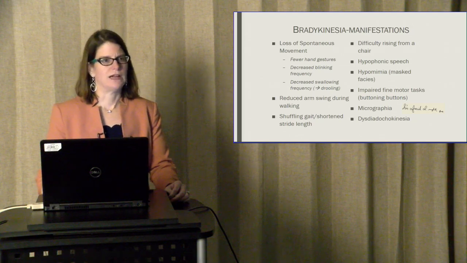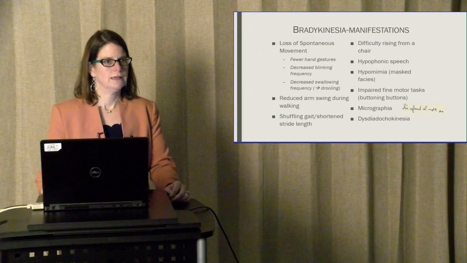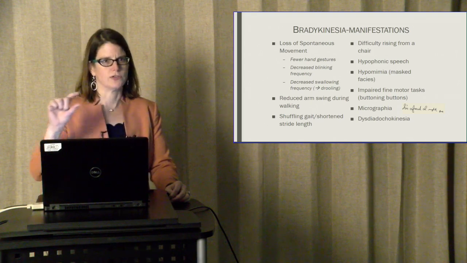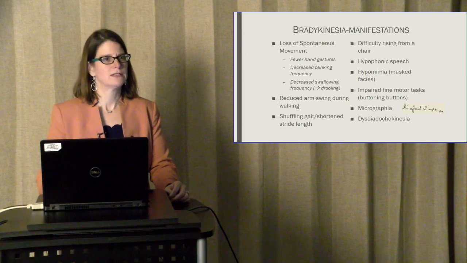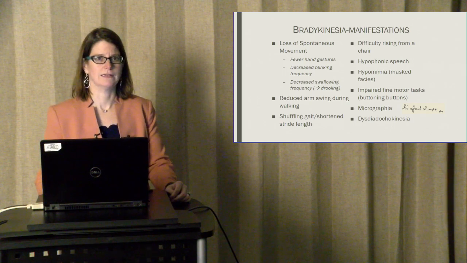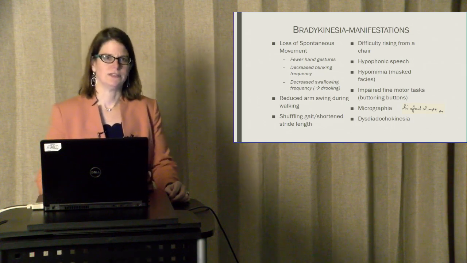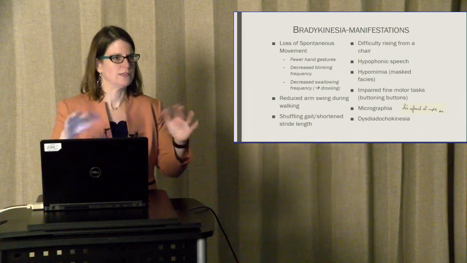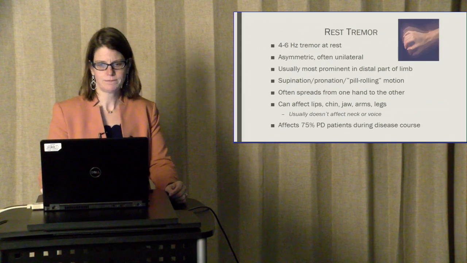And then there's a very classic Parkinson's disease type handwriting, which is shown on the picture here. You can see that it gets smaller as it goes across the page, and the handwriting in general tends to get smaller in Parkinson's. So it's kind of a classic feature. We ask people to write us something in the clinic to see what their handwriting looks like. And then dysdiadochokinesia is the impaired rapid alternating movements. So there's some disruptions in that movement as well.